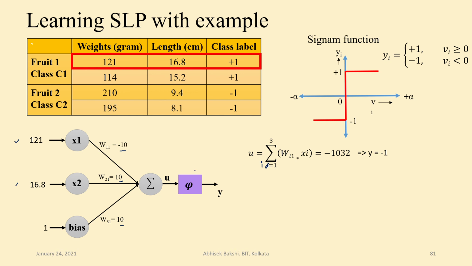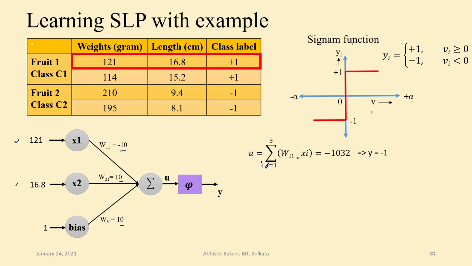So that means 121 into -10 plus 16.8 into 10 plus 1 into 10. If you add them, you will get -1032. Now this -1032 is the value of u, and after this we have the activation function, which is a signum function.